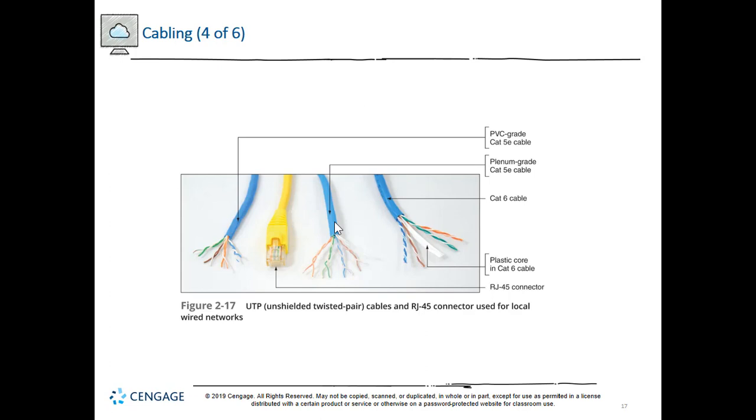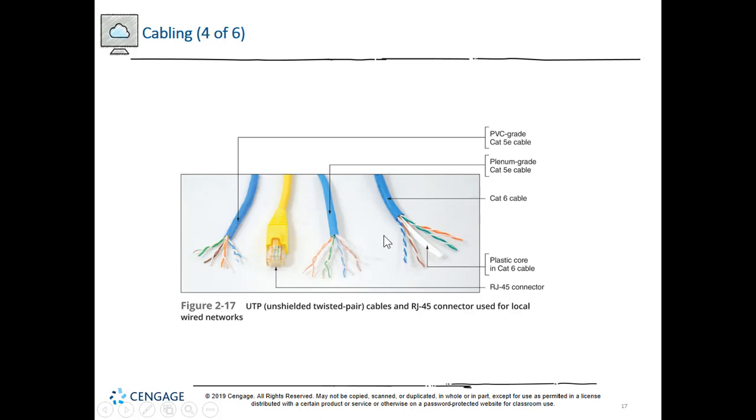So if there were a fire up in the ceiling and we had this PVC cabling running inside, the PVC burns hotter, faster, and more toxic than the plenum rated. This has a bit more of a fire resistance to it. So this is what you have to run according to building code in the ceilings. You are not to run this in the ceilings or any type of plenum chase.